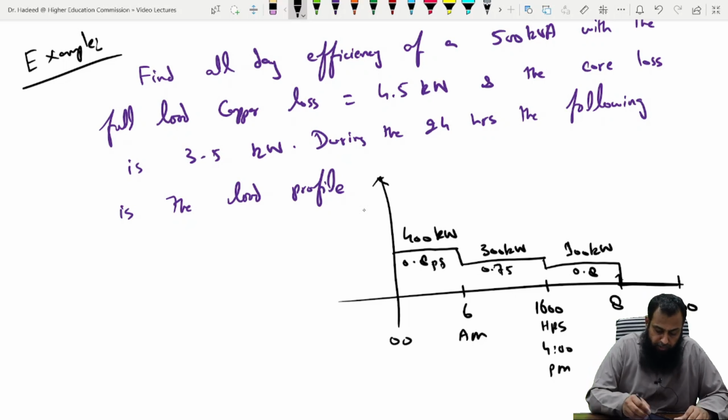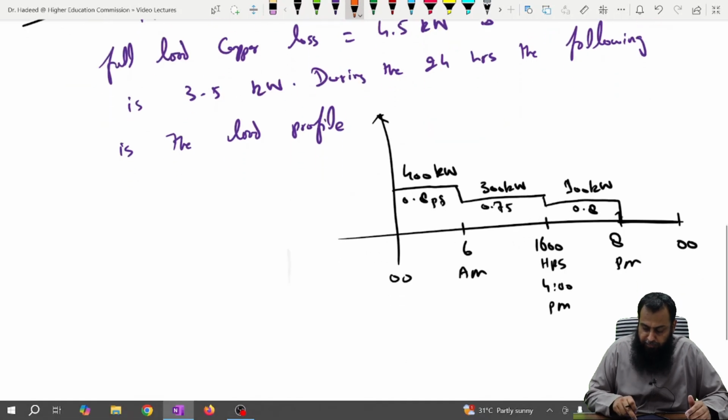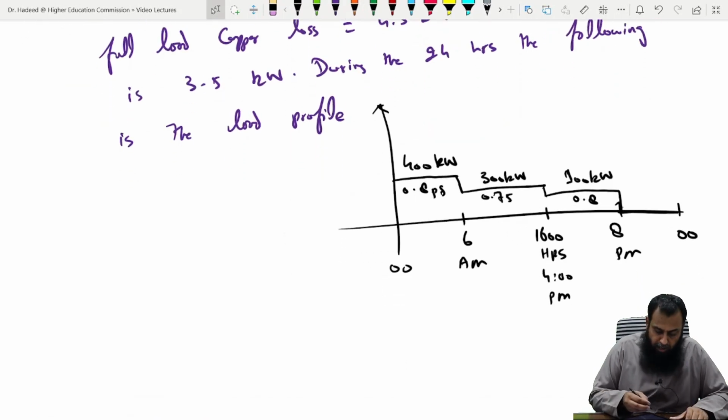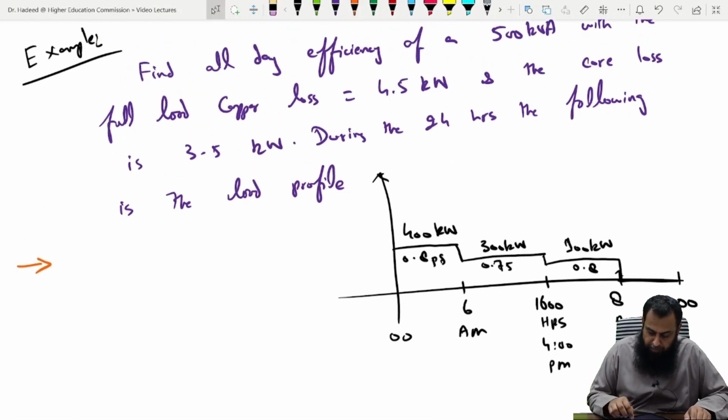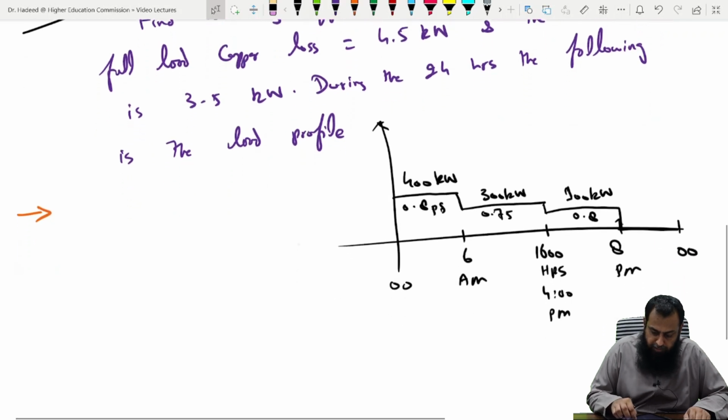So in order to solve this numerical and find out the efficiency of the transformer, we first need to convert this load into the apparent power, which is the kVA.